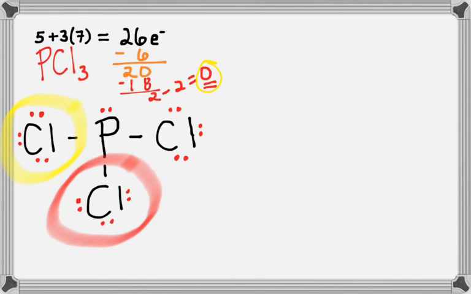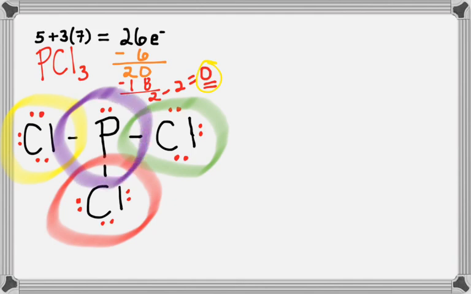The chlorine on the right hand side, it's got 6 of its own plus those 2 that are shared. And then finally the phosphorus in the middle, it's got 2 of its own, but it's sharing 6, so it gets to pretend like it has all of those. So in that way, all the atoms have achieved an octet.